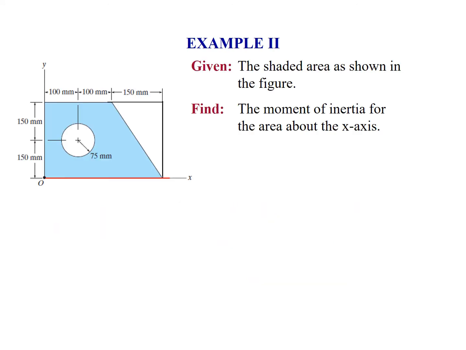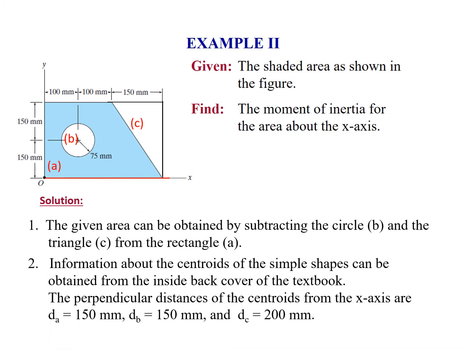In another example, take a look at the blue shaded area in the figure. If we want to calculate the moment of inertia of the area about its x-axis, then we need to find out how to make up the blue area through a combination of simple shapes. There's more than one way to do this, but one way is to recognize that rectangle A is a total of 350 millimeters wide and 300 millimeters high.